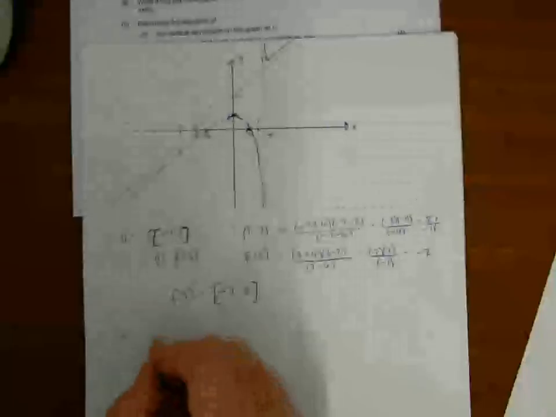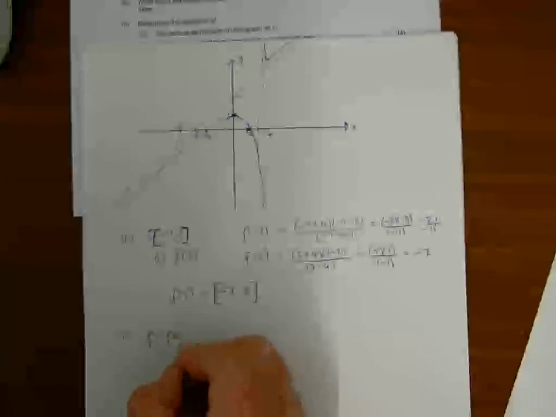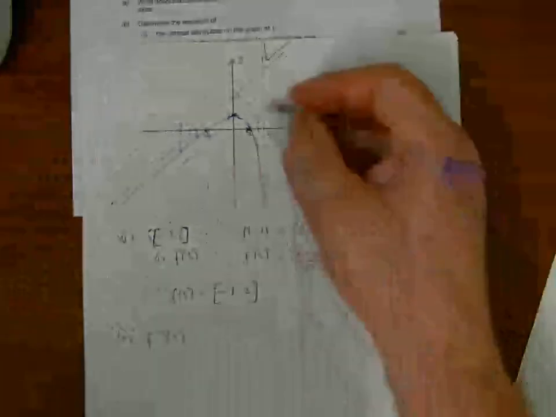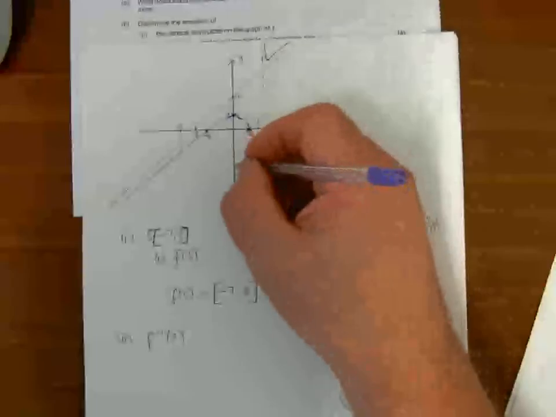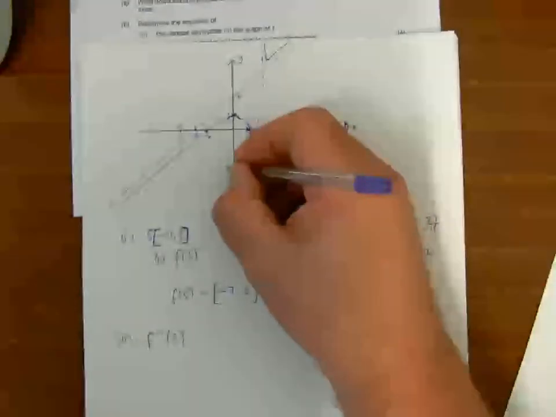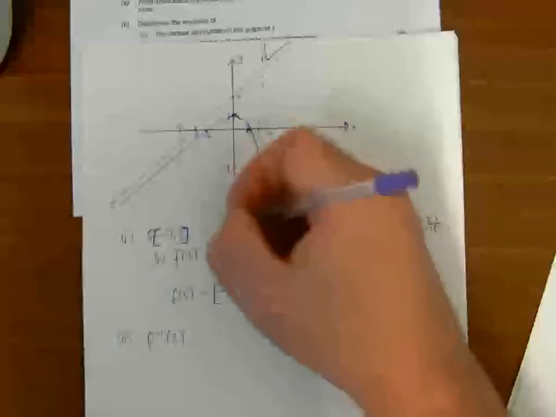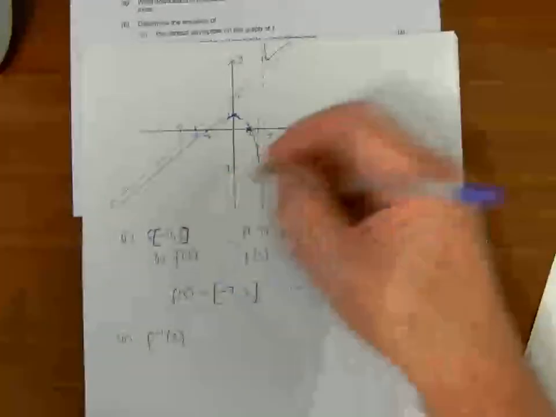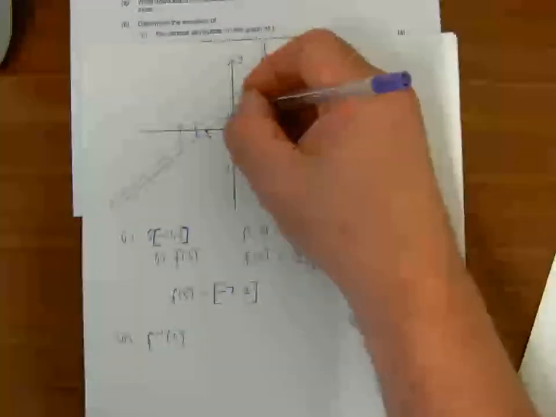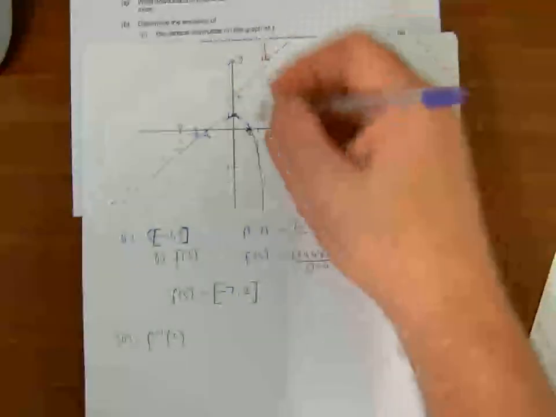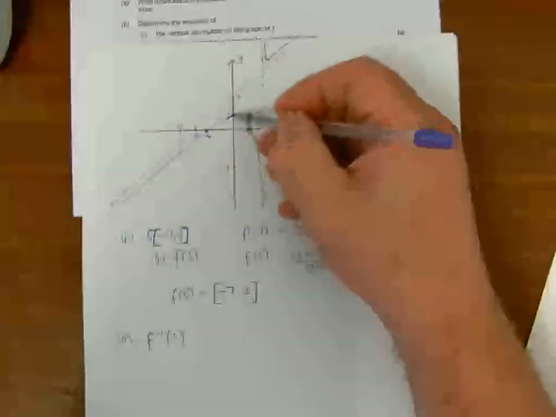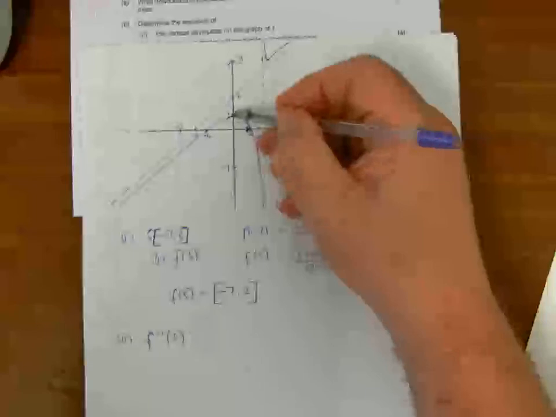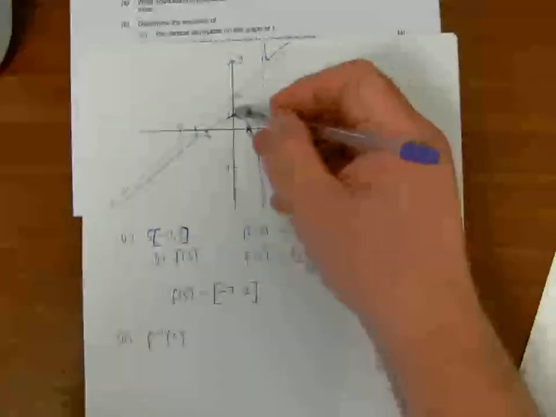The second part is f to the minus 1 of S. What that means is I'm going from minus 7 on the graph here up to 3, which is there, and as I'm running minus 7 to 3 on this axis, what values of x am I taking?